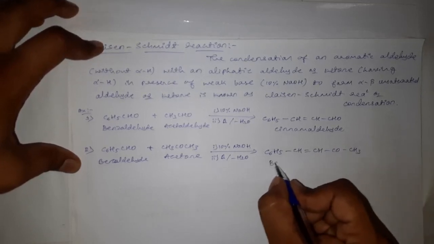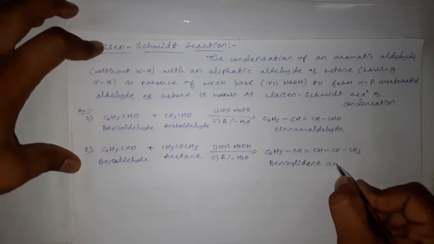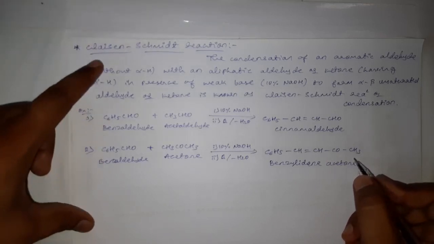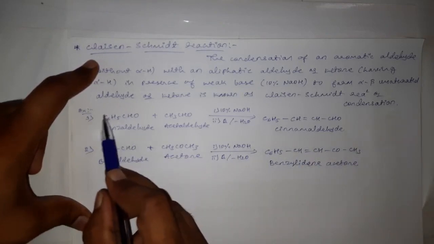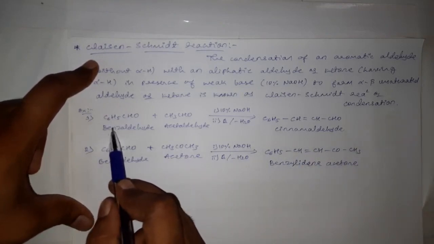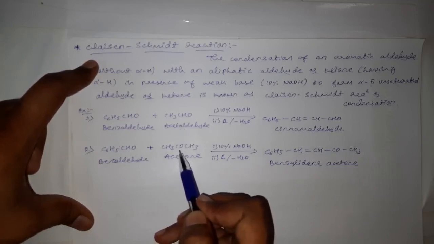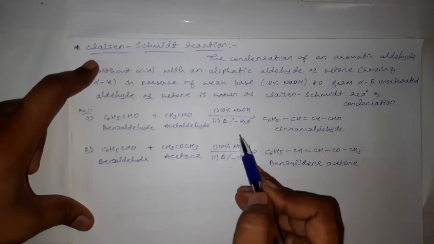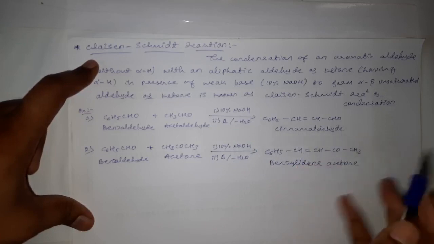This is benzylideneacetone. These two are examples of the Claisen-Schmidt reaction. When an aromatic aldehyde with no alpha hydrogens is treated with an aliphatic aldehyde or ketone having at least one alpha hydrogen in the presence of sodium hydroxide, they undergo a condensation to form the corresponding alpha beta unsaturated aldehyde or ketone.